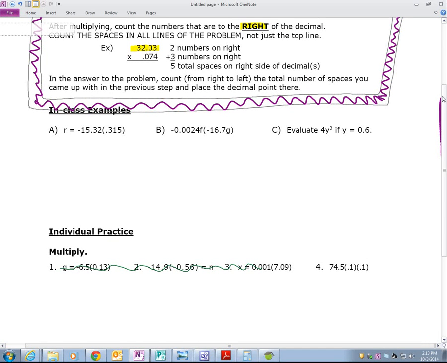Okay, here we go. So we already talked about those. Now, in the answer to the problem, count right to left the total number of spaces you come up with in the previous step and place the decimal point there. So we have 1, 2, so there's 2 numbers to the right of the decimal.